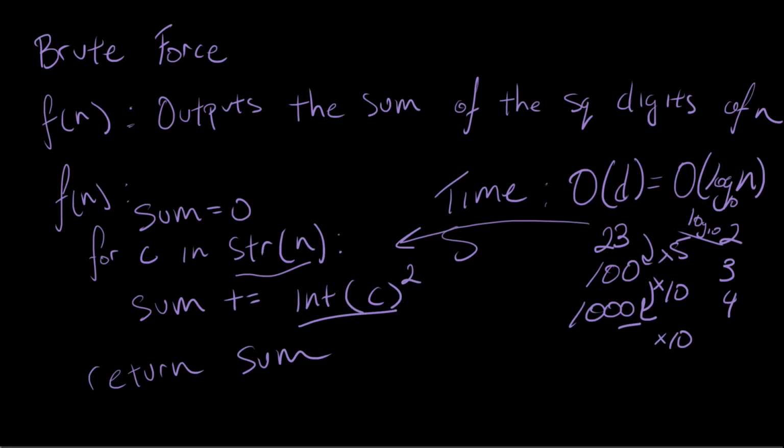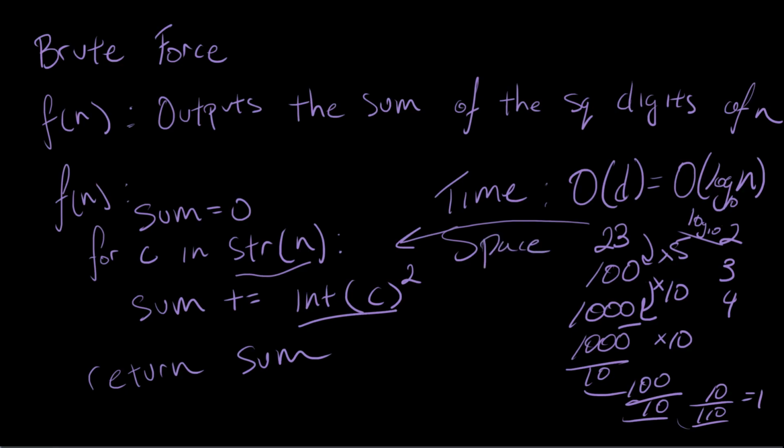So for 1,000, we divide 1,000 by 10, 100 by 10, 10 by 10, to get 1. So log base 10 is 3. So this runs asymptotically log base 10 of n. The space complexity is also O of d, which is log n.